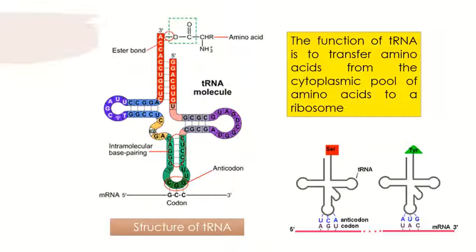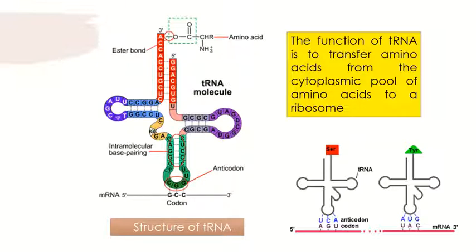Okay, so let's have a look at the left tRNA that is more colorful there. We have a structure of tRNA there. You have two types of RNA: one is mRNA and the other one is tRNA. For the mRNA code, again, let us read it from 5' to 3'. It has a codon GCC.